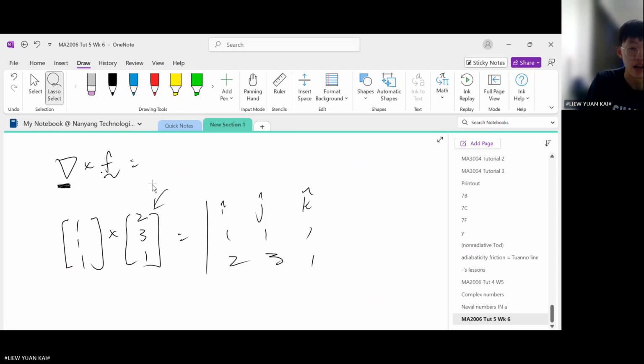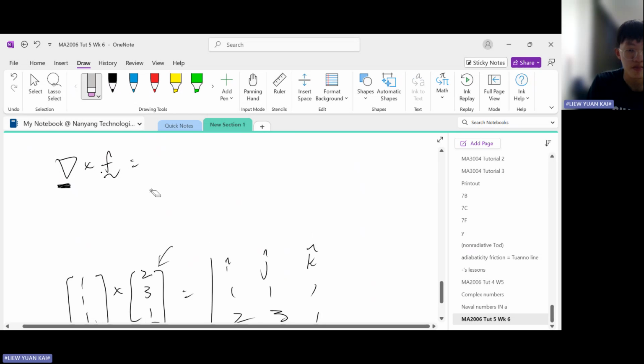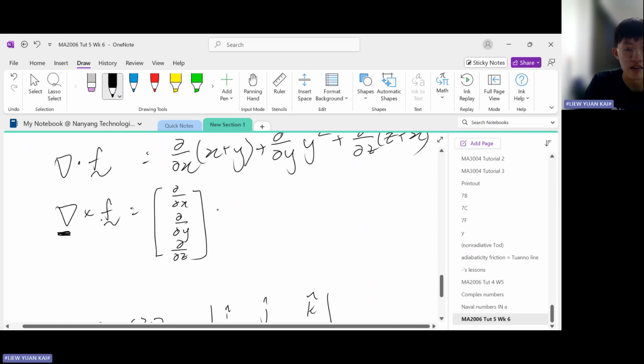Likewise, I'll just put this down here for comparison. Let's substitute each definition in. So nabla, remember, we defined it to be partial in the x, partial in the y, partial in the z. Remember we treat nabla as a vector.